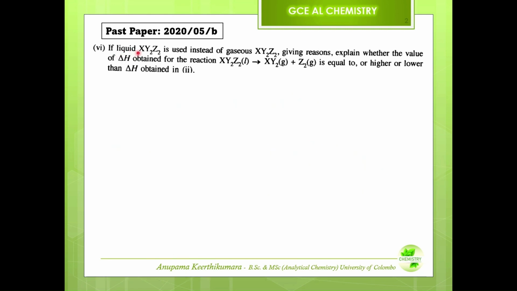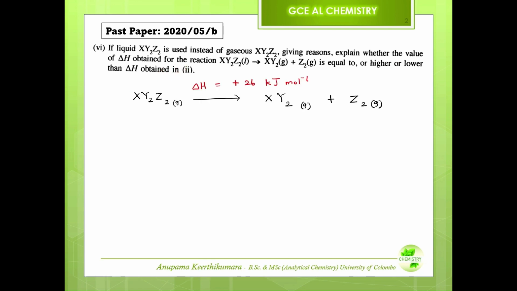If liquid XY2Z2 is used instead of gaseous XY2Z2, giving reasons, explain whether the value of delta H obtained for the reaction XY2Z2 liquid to produce XY2 gas plus Z2 gas is equal to, higher or lower than delta H obtained in question number 2.